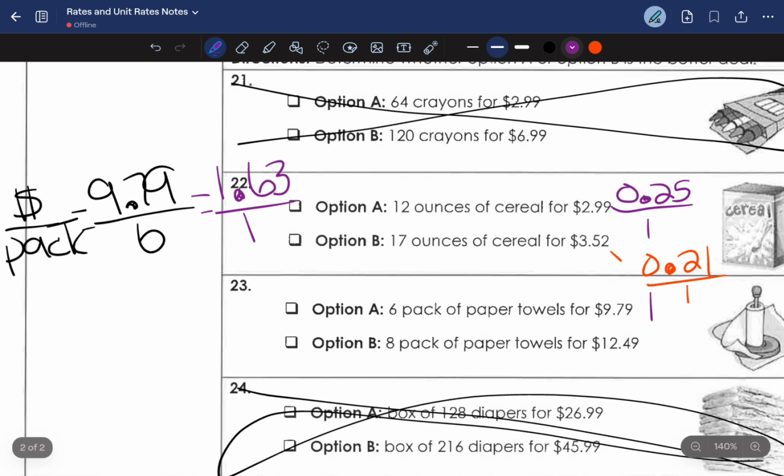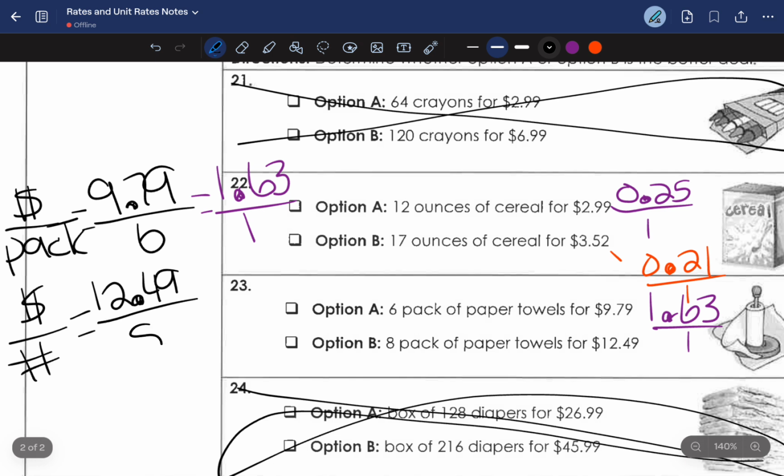So this one is 1.63 over 1. And then for the next one, it's the same idea. Price per, I'm just going to put number because that's how many paper towels are in one pack there. So we would put 12.49 over 8.